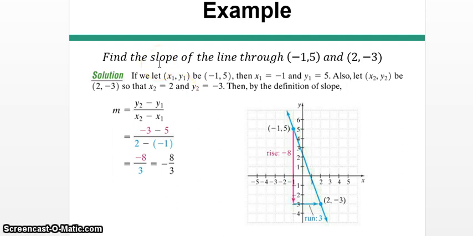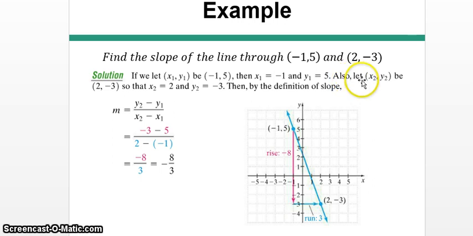Find the slope of the line through (-1, 5) and (2, -3). If you let (x1, y1) be (-1, 5), then x1 equal to -1 and y1 equal to 5.